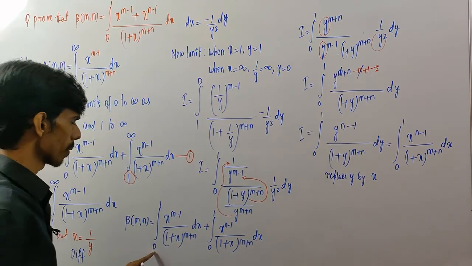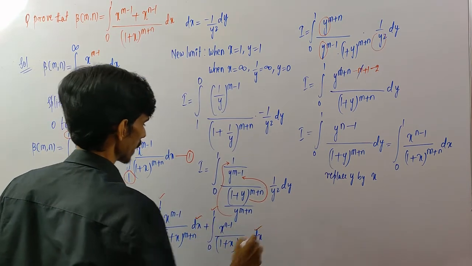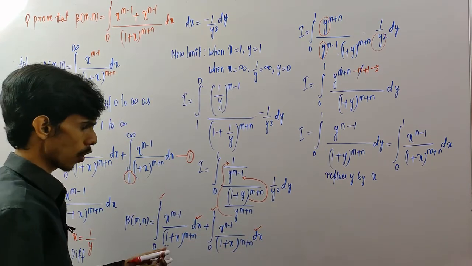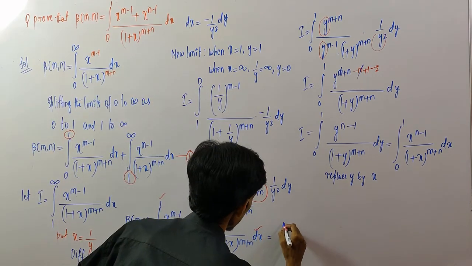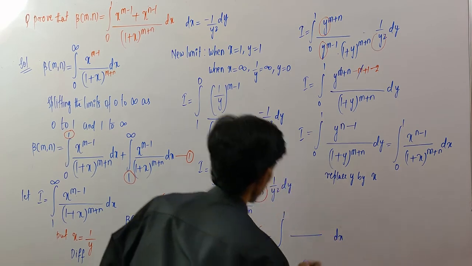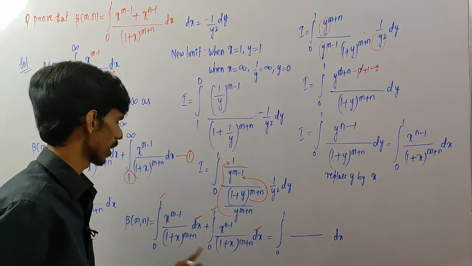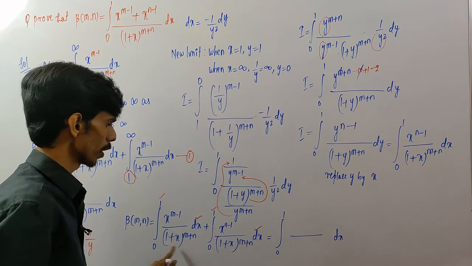Now we have the common integral 0 to 1 dx. Take the integral common. We are left with these two functions: the numerator is different, the denominator is the same.